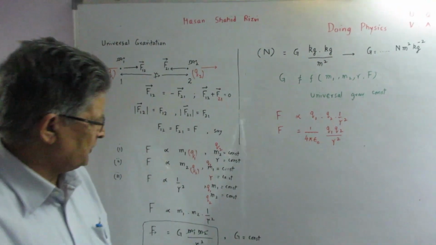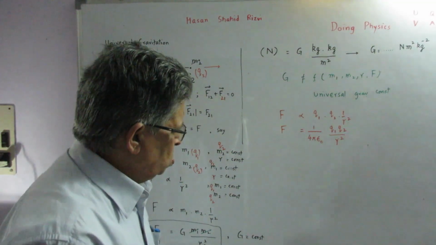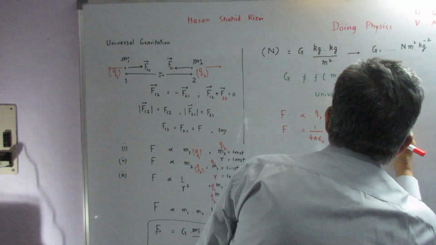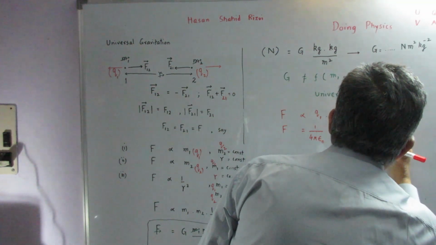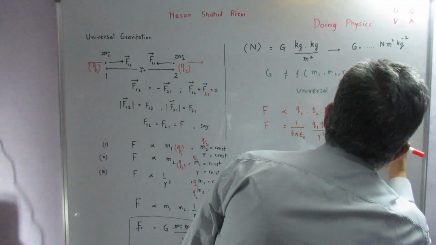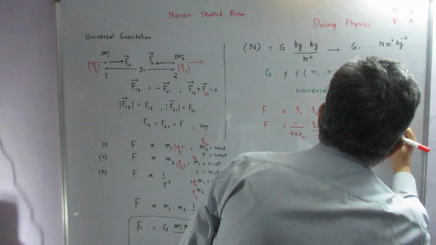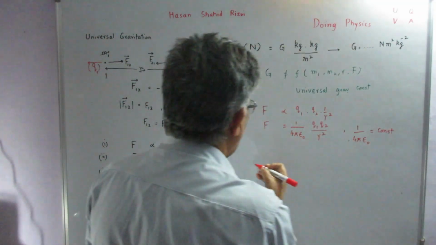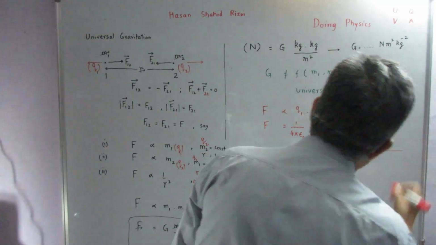This constant 1 upon 4 pi epsilon naught is the constant of the system.